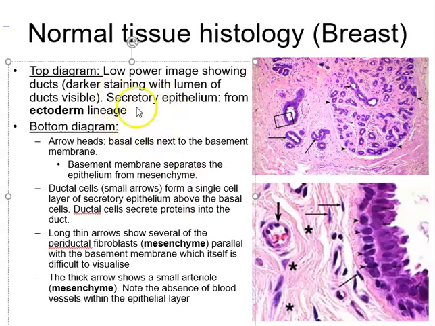Breast is a little bit different because breast tissue is from skin and sort of specialised skin cells, in effect, almost like specialist sebaceous gland derived cells. So this actually comes from the ectoderm lineage, and it's probably the only secretory epithelium you'll come across, apart from maybe some epithelium of the mouth, which is ectoderm lineage. But anyway, most of the epithelium you're going to come across is endoderm. This is just a little bit of an outlier.